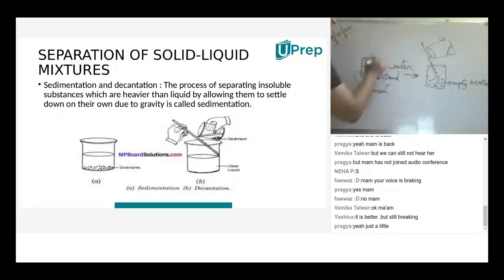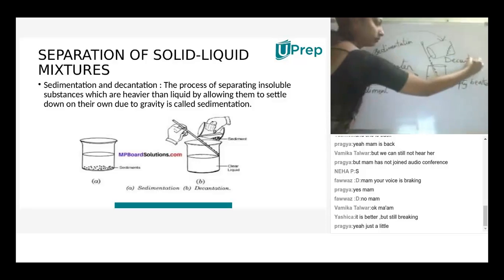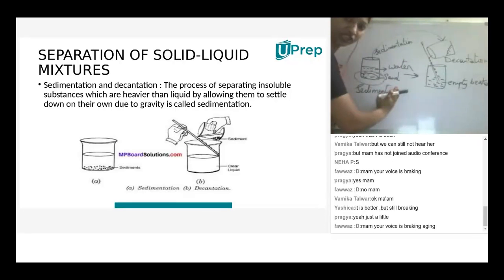This process is known as sedimentation, and this is known as decantation. Any doubts? This process is known as sedimentation, and this process is known as decantation.